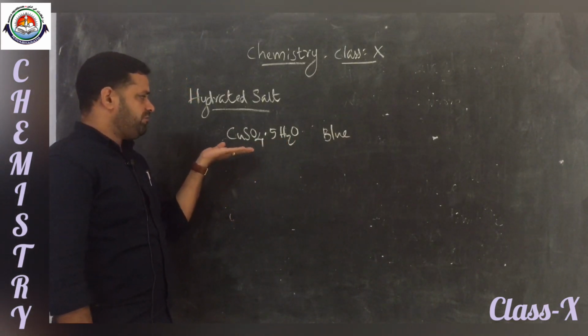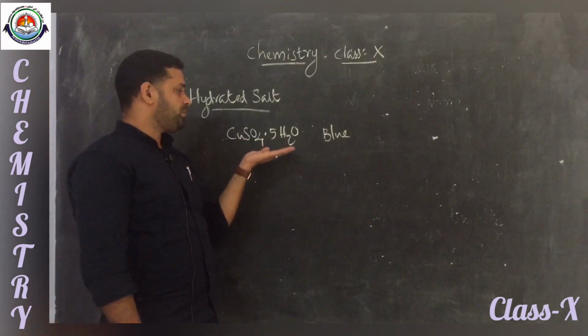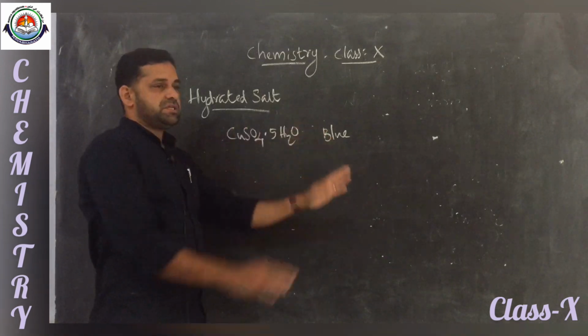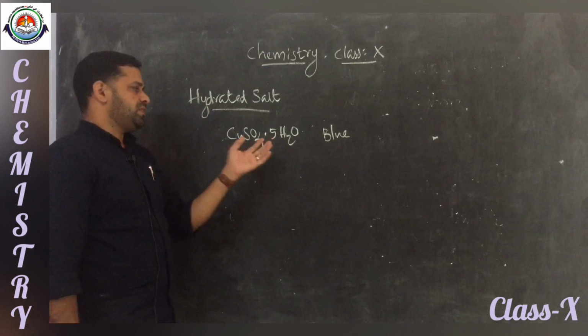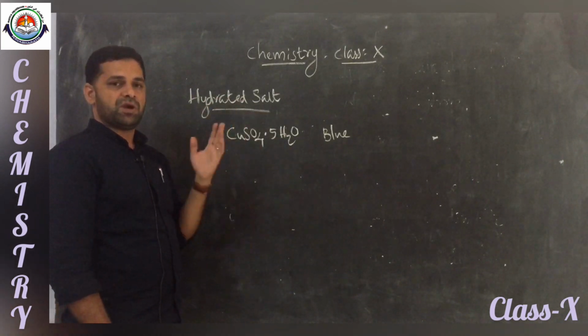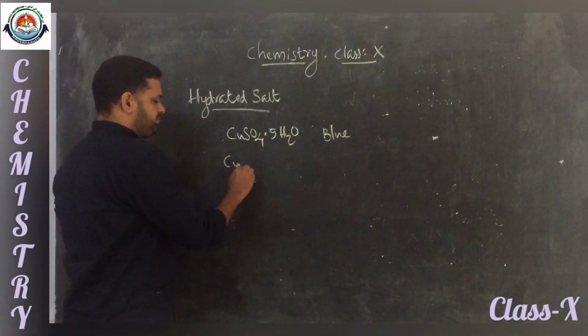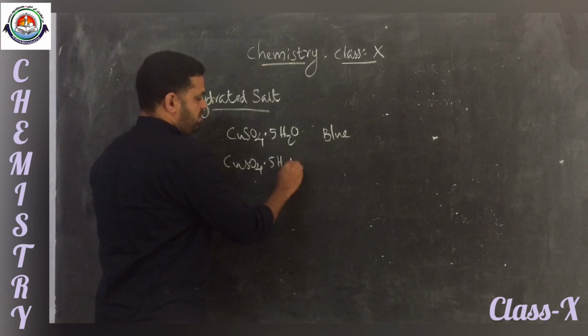For example, when we are heating copper sulfate, it loses its water molecules. When it loses its water molecules, the blue color disappears. Why? That is due to the loss of water molecules.